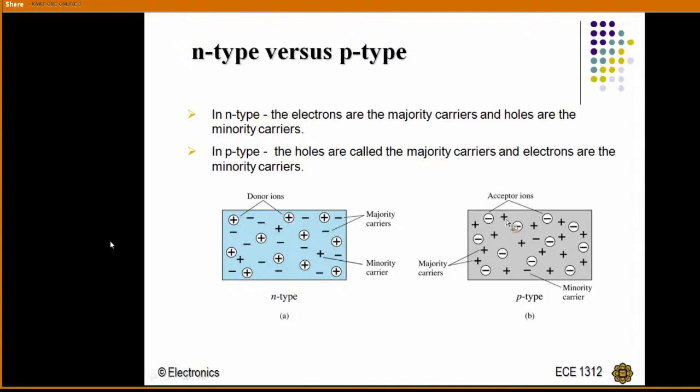In N-type material, electrons are the majority charge carriers, and there are positive ions. In P-type material, holes are the majority charge carriers, and there are negative ions. This is the picture of those two slides.